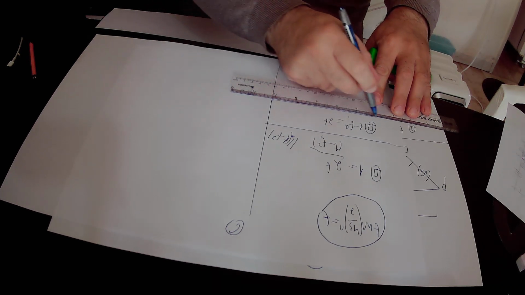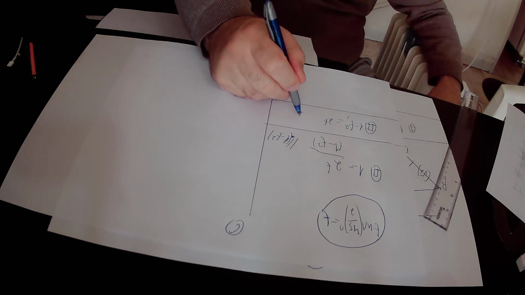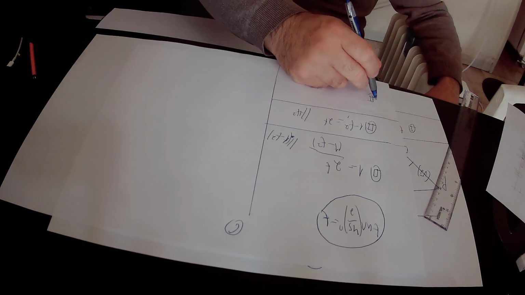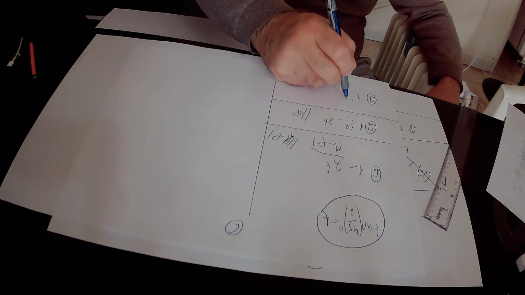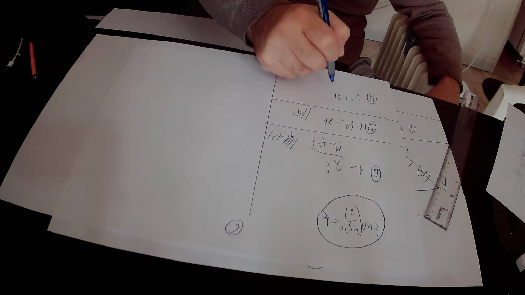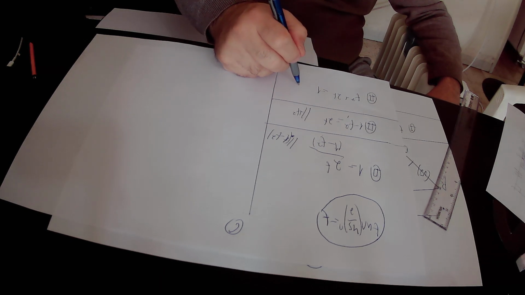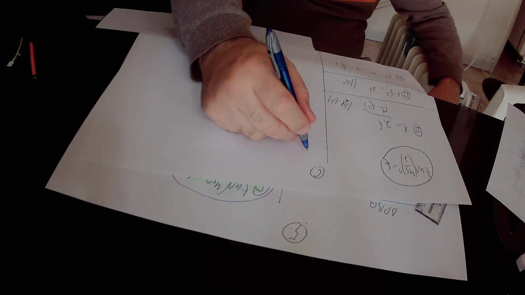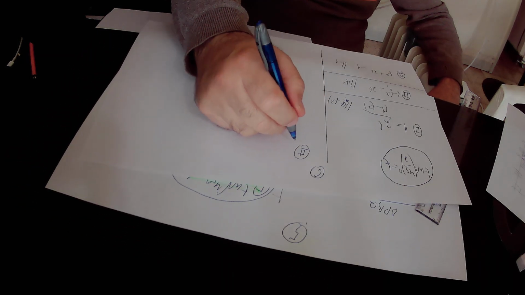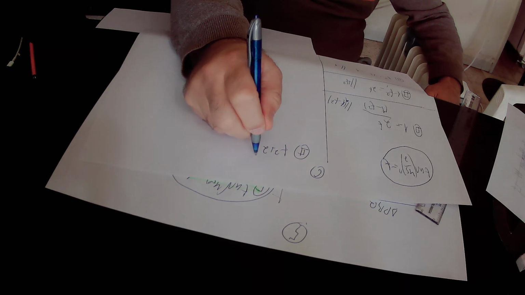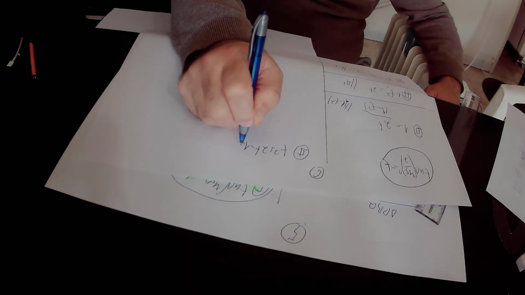Here we add t square to this equation, and we get that according to equation number 2, t square plus 2t equals 1. Here we subtract 1 from this equation, and finally we get that according to equation number 2, t square plus 2t minus 1 equals 0.